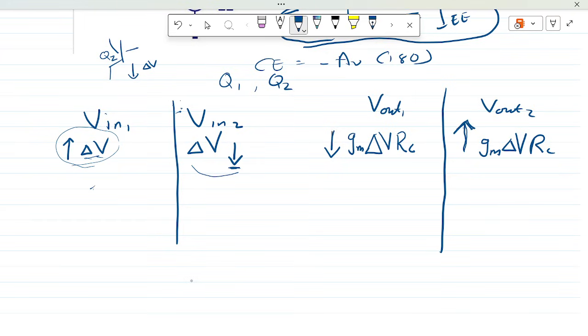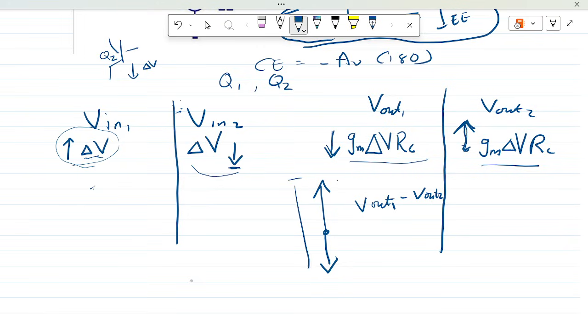So if this is a voltage fall and this is a voltage rise, then when I do Vout1 minus Vout2, I expect to get twice of this, because I stand here and move down, and I stand here and move up. The difference between them is going to be 2 delta V.